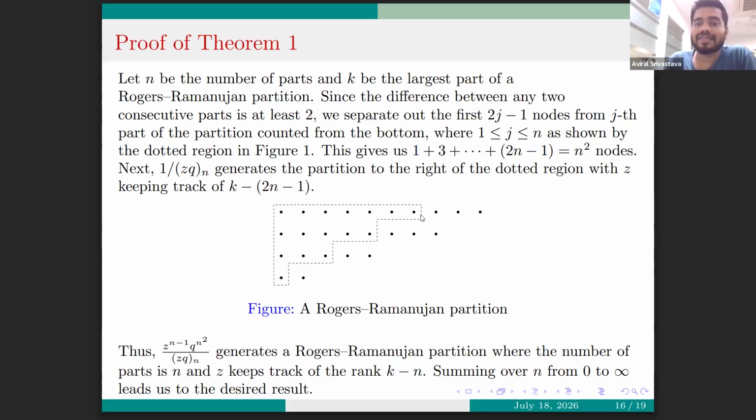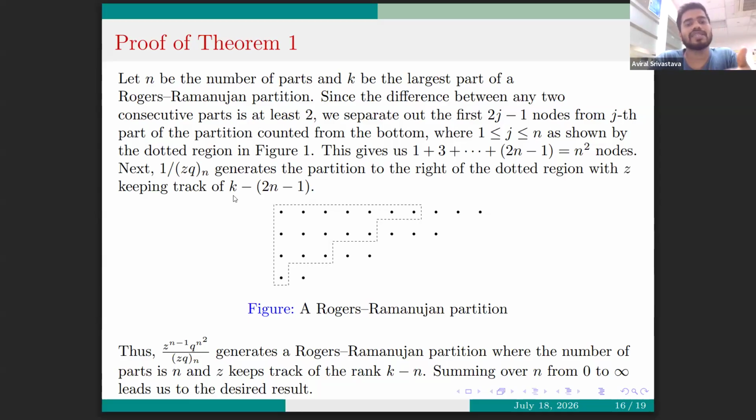And since k is the largest part, the remaining part should be k minus 2n minus 1, which is essentially the largest part of this partition and the number of parts of the conjugate partition. So 1 over (zq)_n will generate partitions where the largest part is at most n, and the power of z is k minus 2n minus 1.